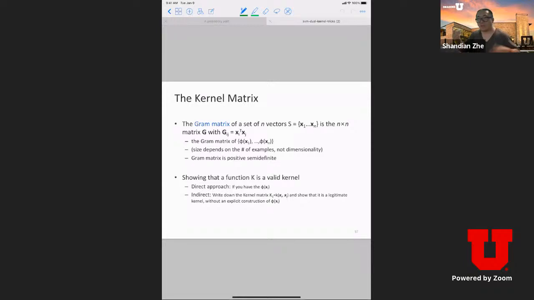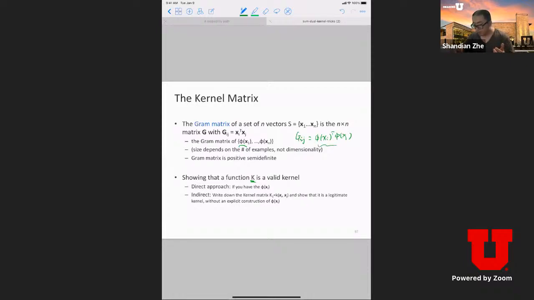So how do we associate this with some candidate kernel function? Imagine your function k is a valid kernel. It must correspond to some feature mapping phi. If we do the feature mapping and then calculate the Gram matrix, each element will be the inner product of the mapped feature vectors, phi(xi) transpose phi(xj).